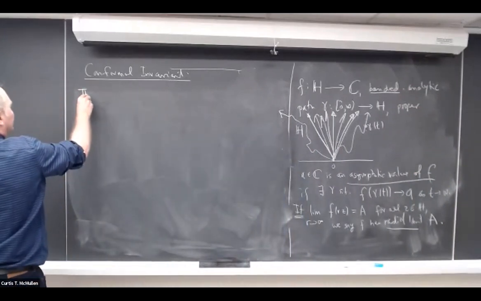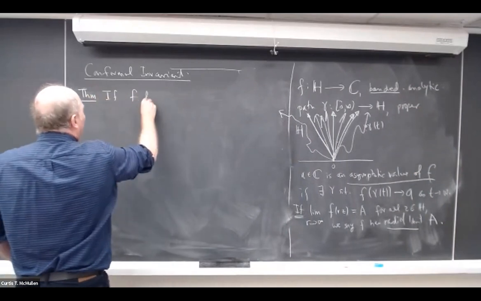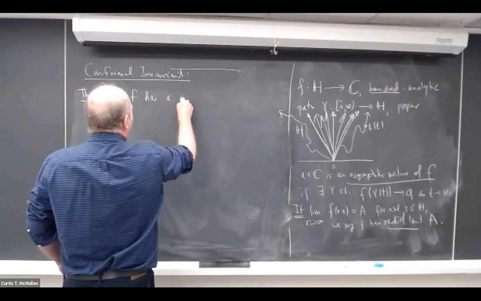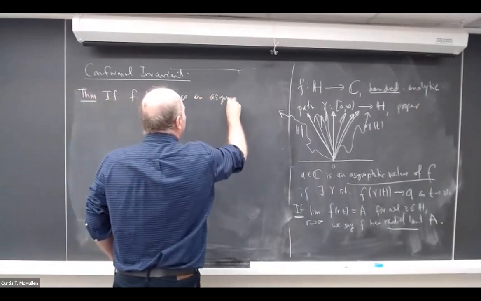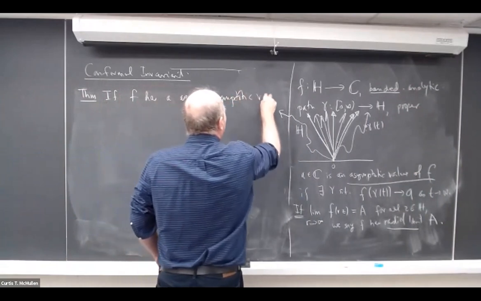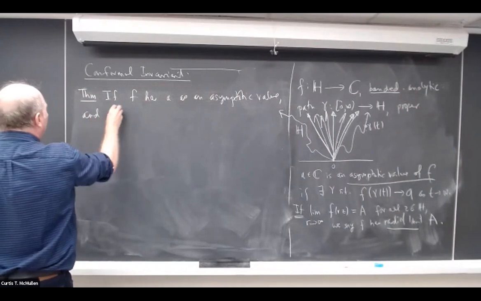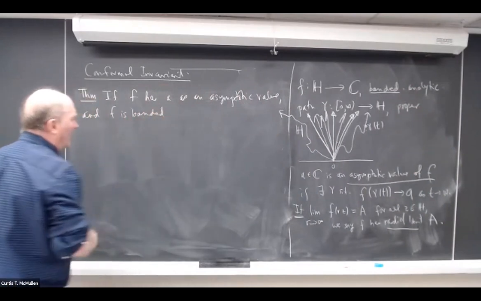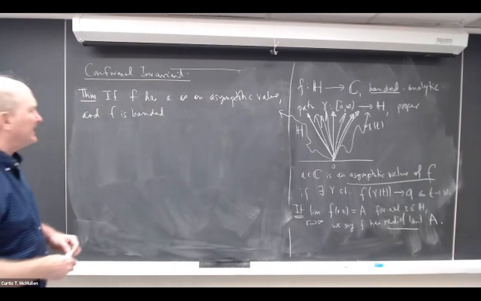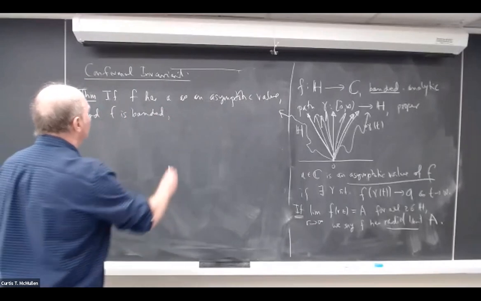So the theorem is: if f has A as an asymptotic value, and f is bounded. This is critical. If you were to allow unbounded functions like wild exponentials, e to the z, all hell would break loose, but we're assuming that f is bounded.